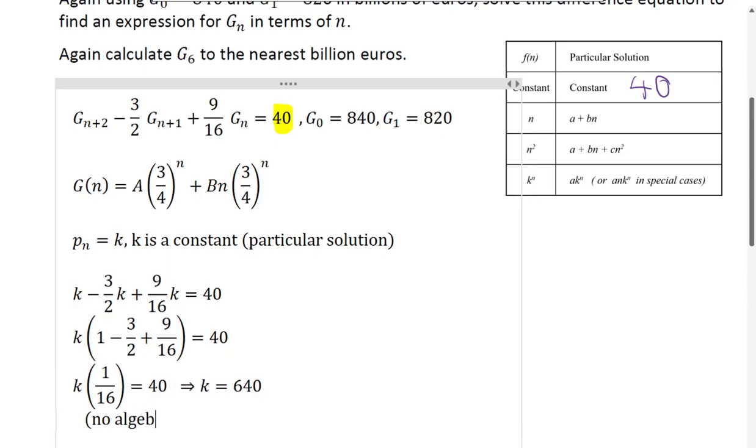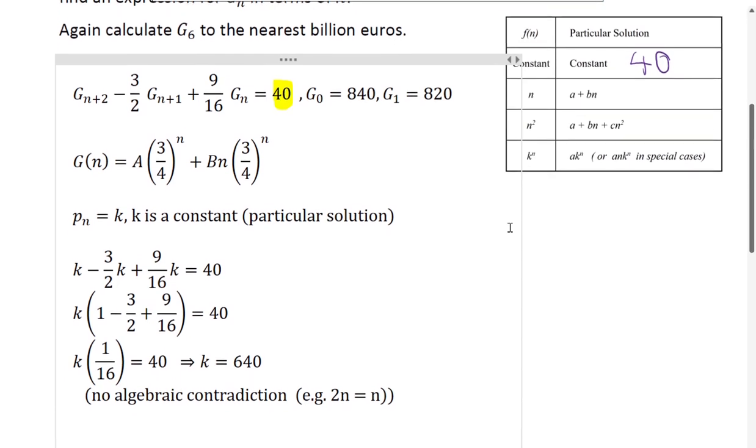For example, it could be 2n equals n, which can't happen for all n, because if n's 1, then 2 equals 1, and that doesn't work. So no algebraic contradiction, so we are accepting that this is probably the correct answer.